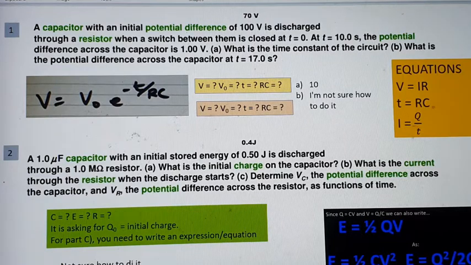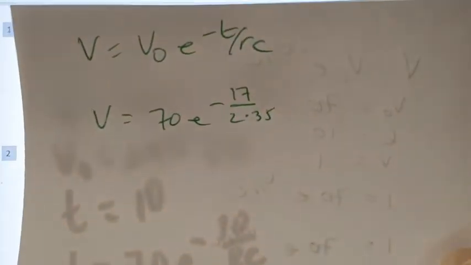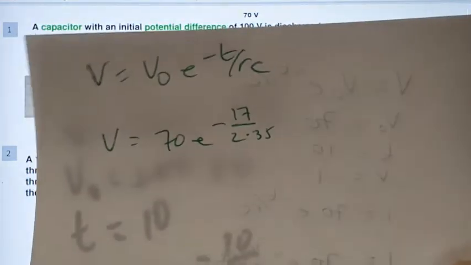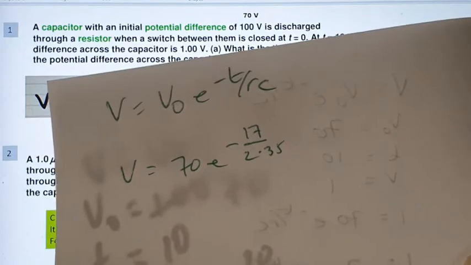So V is equal to 70 e to the minus, and we know that t equals 17 now, so it's 17 divided by 2.35. The 2.35 was worked out in the previous part. You're given in the question t equals 17, and the initial voltage is 70, but obviously in the question it is 100.